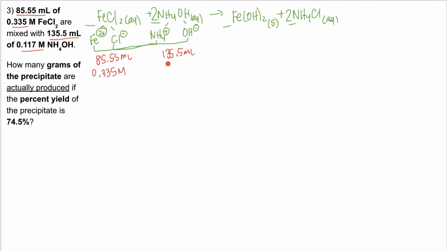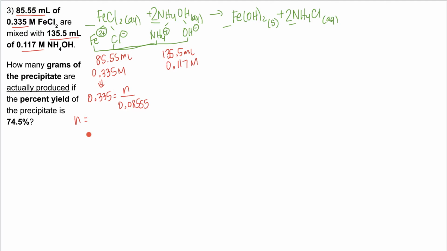And then don't forget, when you're using the molarity equation, you have to convert milliliters to liters. So to find the moles of iron 2 chloride, you can take the molarity, which is 0.335, and set that equal to N over 0.08555 liters.